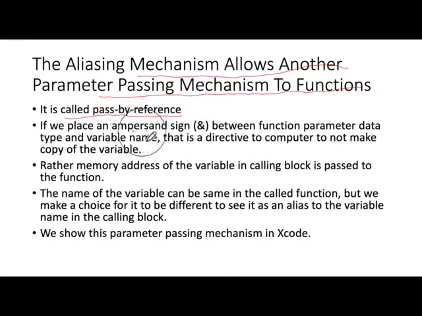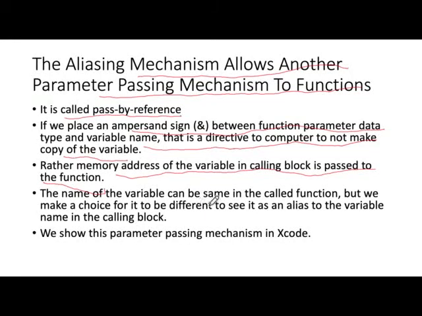If we place an ampersand sign between function parameter, data type, and variable name, that is a directive to computer to not make copy of the variable. Rather, the memory address of the variable in the calling block is passed to the function.